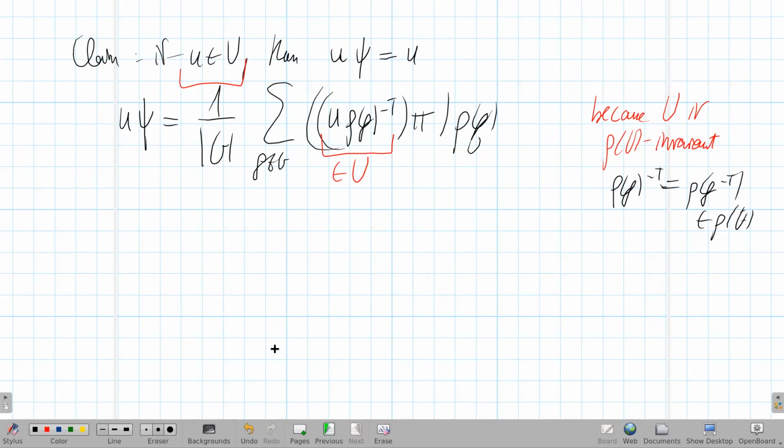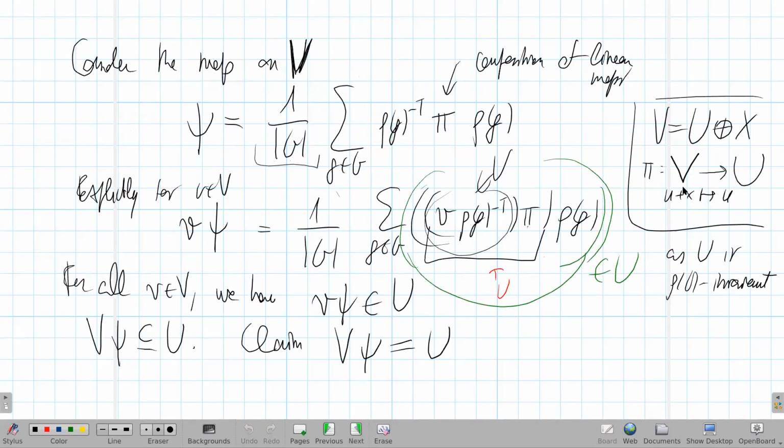Now remember, pi is the projection on U. So if you take an element of U, pi sends it to itself, okay?